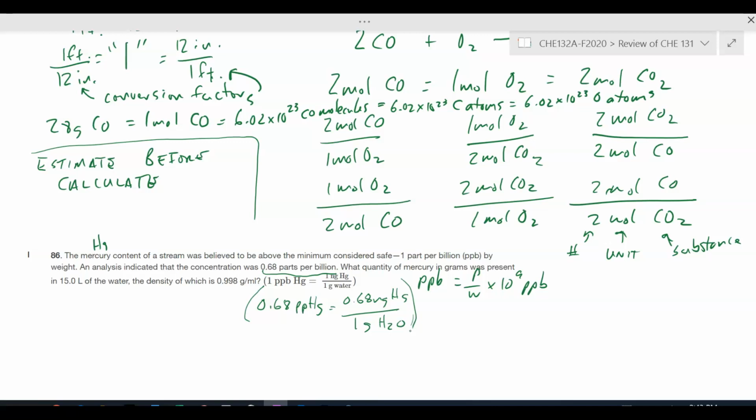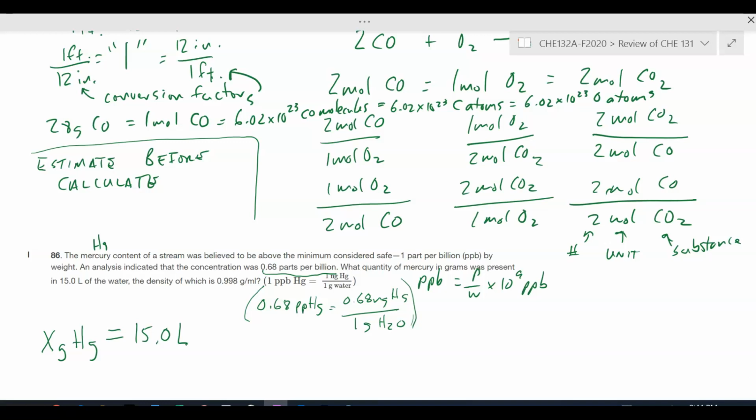So what are we being asked? We're being asked what quantity of mercury, in grams of mercury. So X grams of mercury is the quantity of mercury. And what's it in? Well, it's in 15 liters of water, or a 15-liter solution, I would say, of water with a small quantity of mercury dissolved in it.